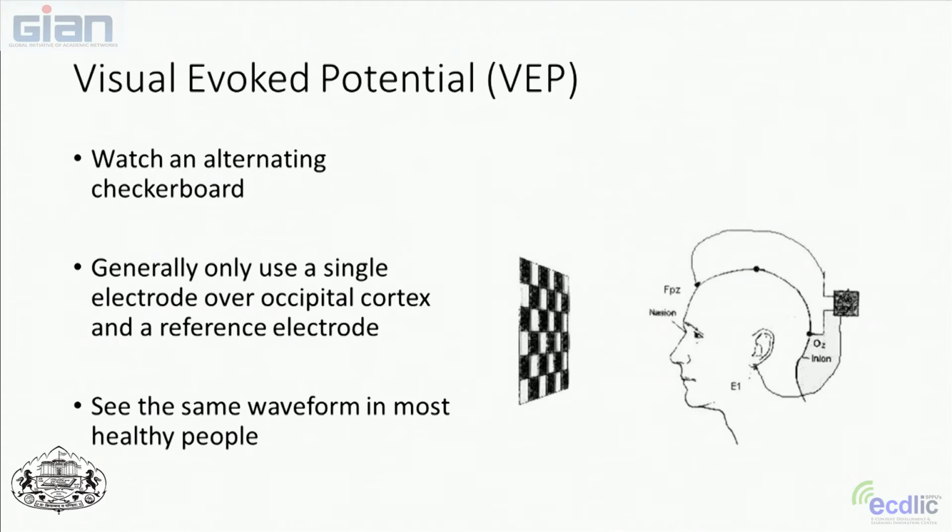So when you have somebody looking at an alternating checkerboard, this gives a big response in the visual cortex of the brain. So you generally only need to use a single electrode over the occipital cortex and a reference electrode. So in the picture there, it looks like they have the OZ as their measurement and the FPZ as their reference. And interestingly, if you do this in many different people, you see pretty much the same waveform if they're all healthy.